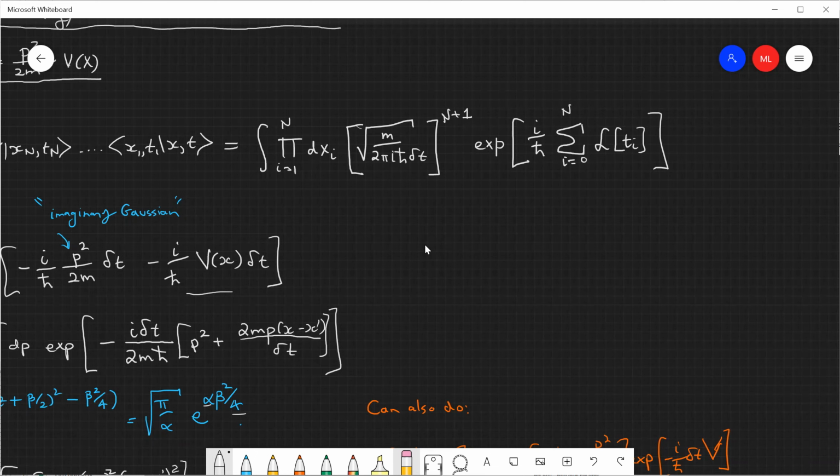So this is it. You would get a sum. And what is the sum? Well, it's the sum of the Lagrangian at each of the time intervals.